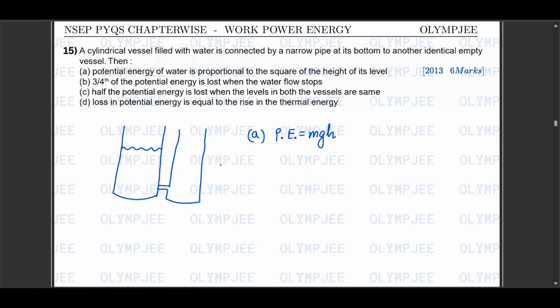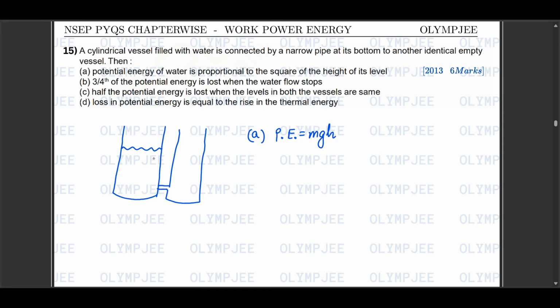This whole water does not have a single height, so we can assume the mass of this water to be concentrated at its center of mass, because that is the concept of center of mass. Whenever we have a distributed mass system, we can consider the total mass to be located at the center of mass, and then we can calculate various parameters, right?